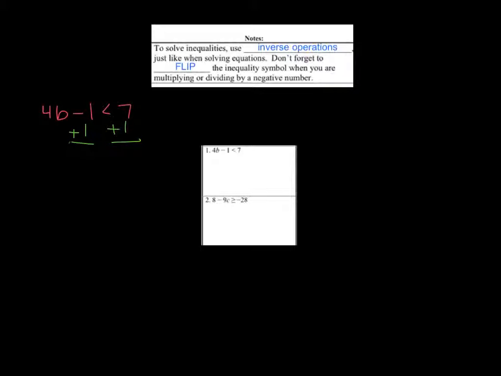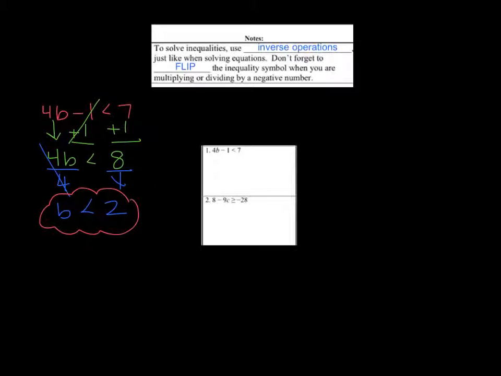When you add 1 to both sides, positive and negative will cancel. You bring down your 4b, you bring down your symbol, which was less than, and 7 plus 1 is 8. Then the opposite of multiplying by 4 would be to divide both sides by 4. So I'm going to divide both sides by 4, and I find out that b is less than 2. Once you isolate your variable, then you have your answer.